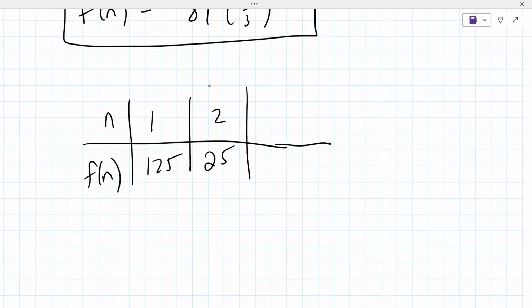Yeah, that's good enough. So it would be 1/5, and then n minus 1, and then you put the 125. Yep.